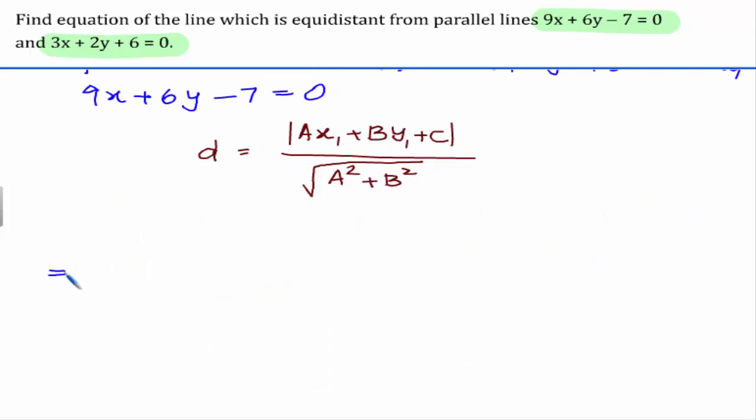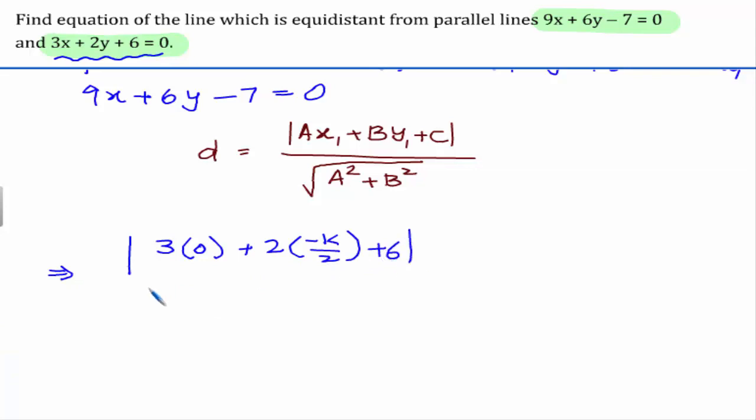So let us find out the two distances and we will equate them. So the first one is modulus, a is 3 here because the first equation is 3x plus 2y plus 6. 3 into x coordinate is 0 plus b is 2 into the y coordinate is minus k by 2 plus 6 by square root of 3 square plus 2 square.